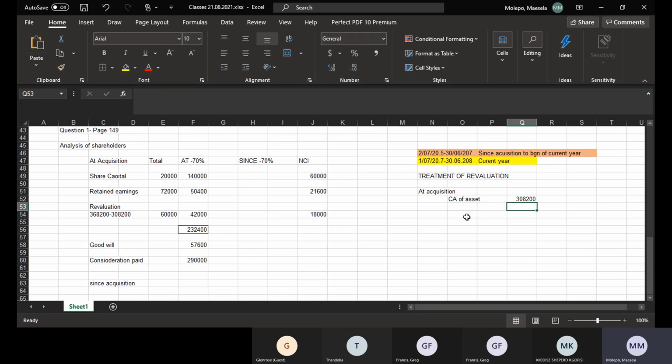308,200. Then now on 1 July 2005, they revalued and it is sitting on 368.